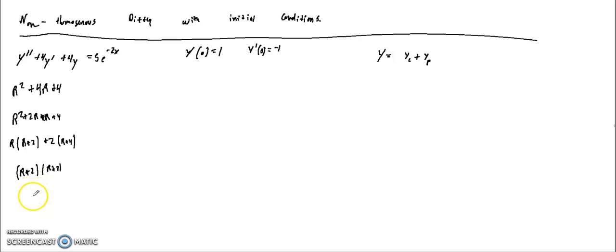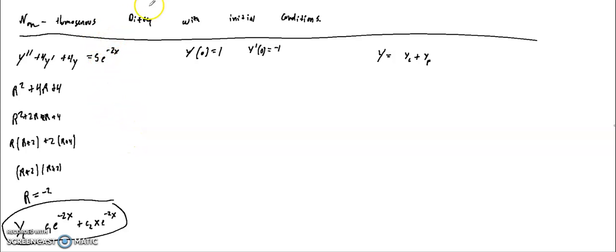So we end up getting a repeated root of r equals negative 2. So our complementary solution is going to be c1 e to the negative 2x plus c2 x e to the negative 2x. That is our complementary solution.